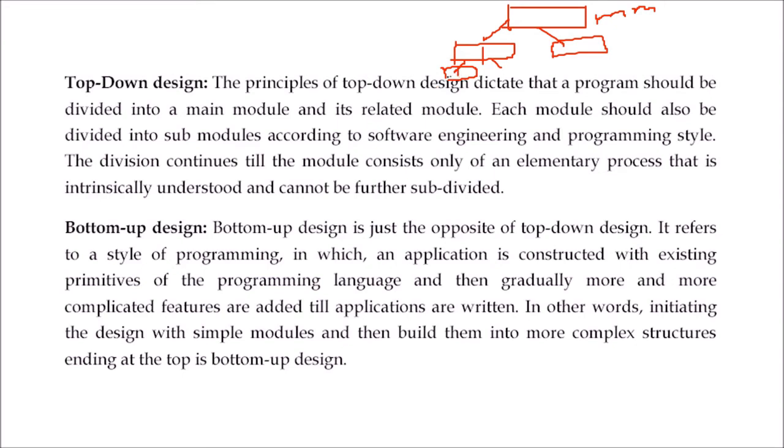So these are the different functionalities or modules or functions or procedures which are doing certain tasks, and in a combined way they are going to solve this purpose, and the main program is the key. How about bottom up?